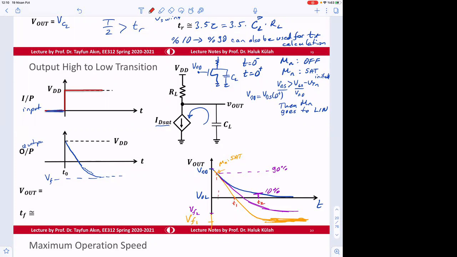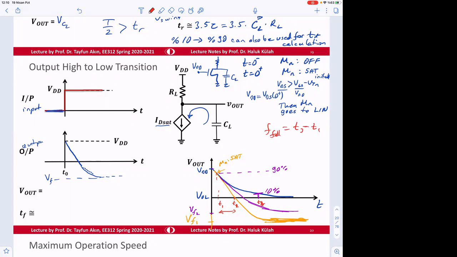Maybe this is, I don't know, T0, I would say. This is not the T0, but let's call this thing T1, T2, and T3. Okay. So we say that the real thing is T fall is, in fact, T3 minus T1.